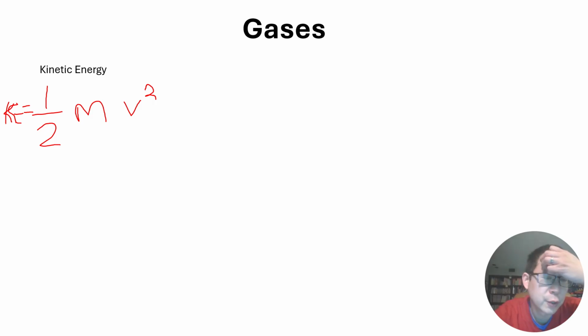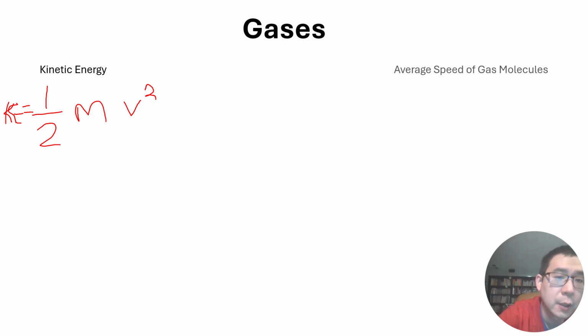So we don't really use the kinetic energy formula to solve for the kinetic energy of one single oxygen molecule. But we use this formula to think about the energy of molecules.